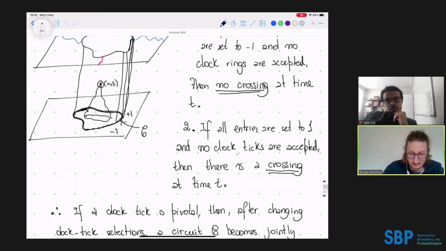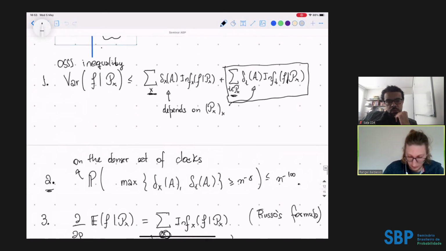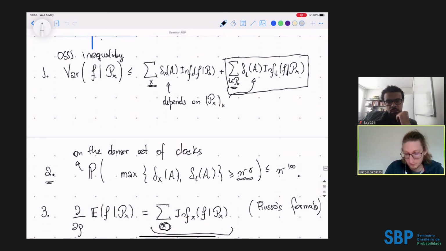In particular, it is small enough not to matter when combined with the polynomial estimate that you have on the revealment. You know that with very large probability, the revealment is at most n to the minus gamma, and the price you need to pay is not large enough to cancel this n to the minus gamma that you have here.